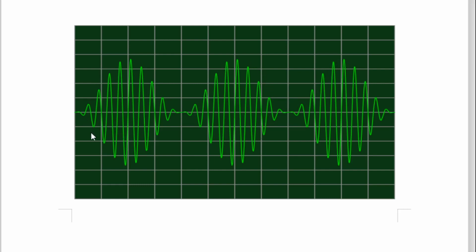For the lower side band, you join the points with free hand, and then you will get the lower side band, which is also carrying the information signal, and this is the upper side band. If you join all these points with free hand, you will get one sine wave at the upper side. And here this is a carrier signal, and the amplitude of this carrier signal is changing.